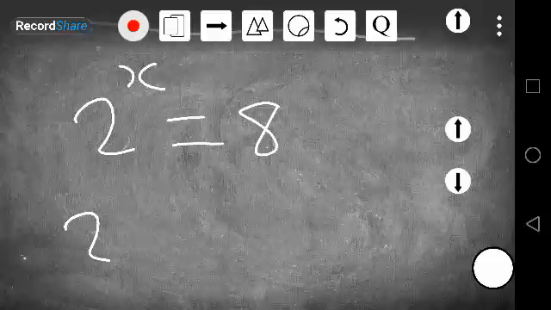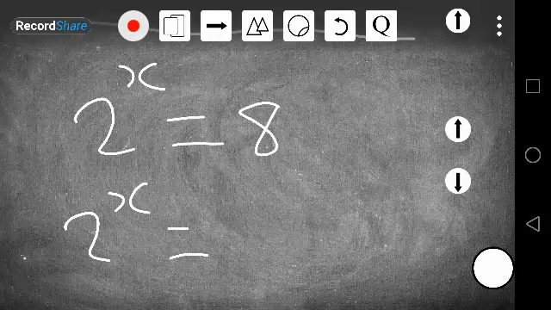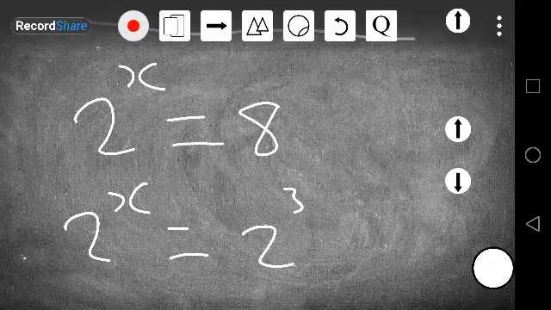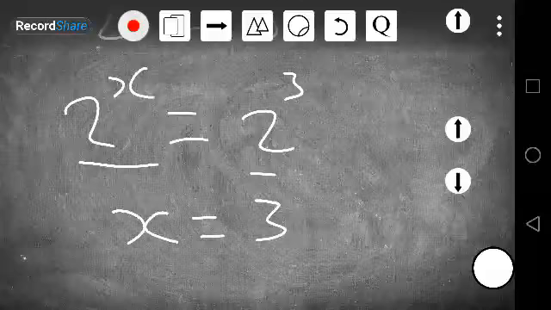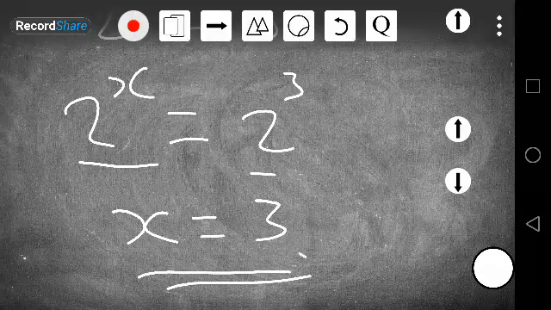We are saying 2 to the power x, you need to express 8 in terms of 2. So in terms of 2, 8 is 2 to the power 3. Since our bases are the same, we now equate the powers. So x will be equal to 3. This will be our final result.